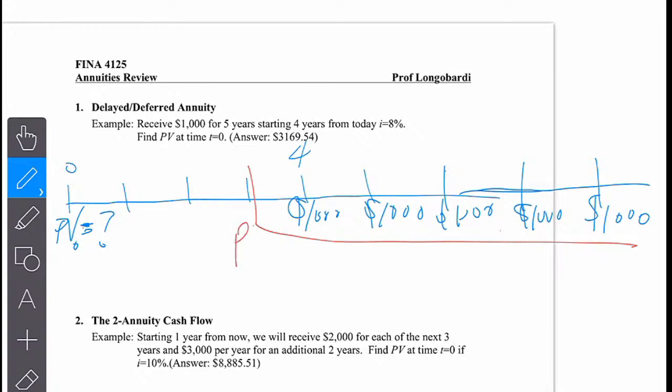So if I use the formula, I would just get PV3. Let's put the numbers on all of these. So I would get the value one period before the first payment. Remember, that's what the formula gives me. So I could figure that out, but that's not the answer. The next thing I have to do is discount it back to find the present value of that amount.